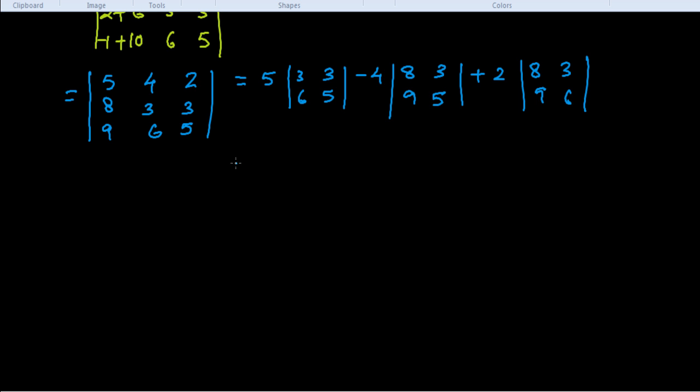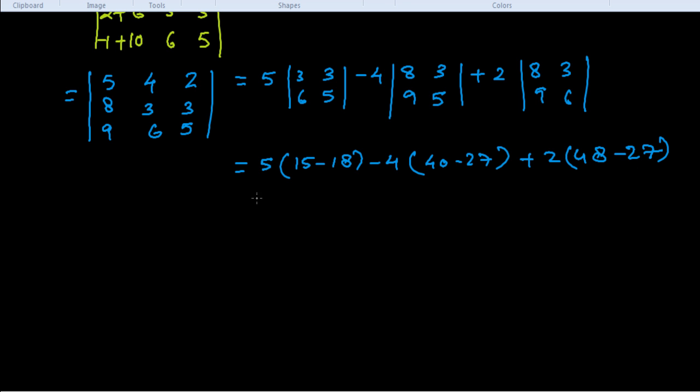Got this. Now 5, it is 15 minus 18; 4, it is 40 minus 27; plus 2, it is 48 minus 27.